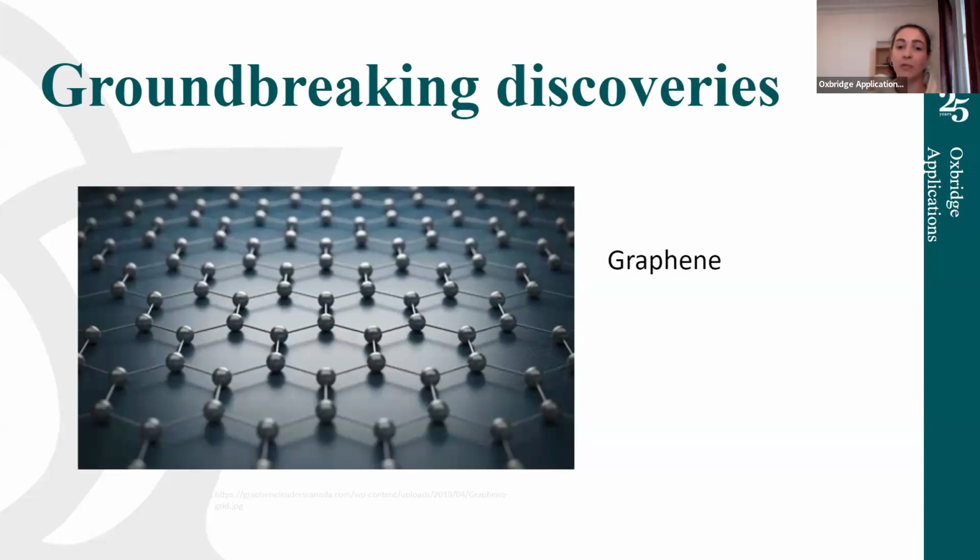So these scientists were able to isolate the single layers, and as you can see, they are composed of carbon atoms that are covalently bonded to 3 other carbon atoms arranged in this sort of hexagonal lattice. And they did this using nothing more than adhesive tape.